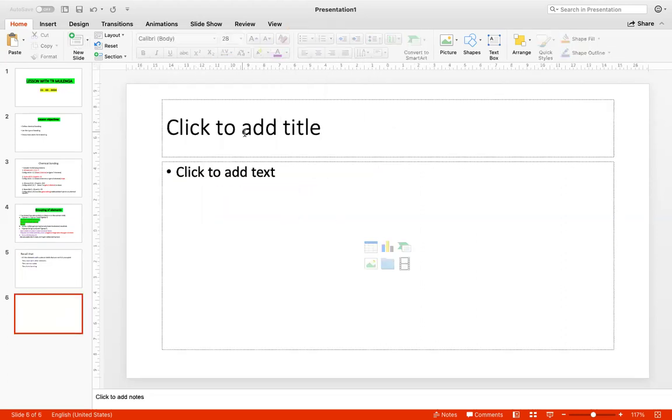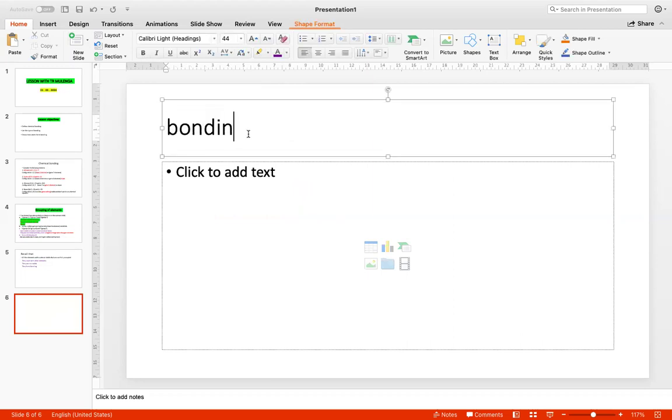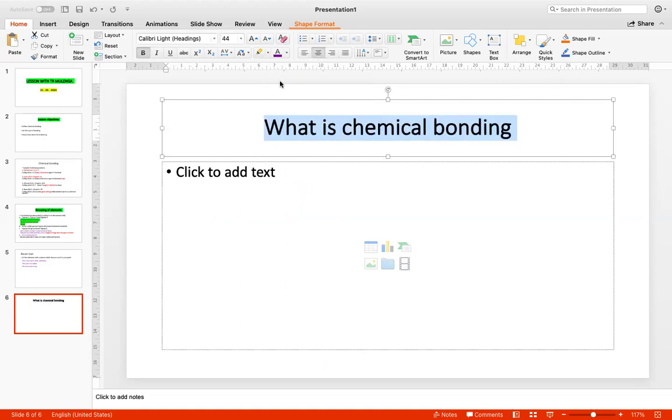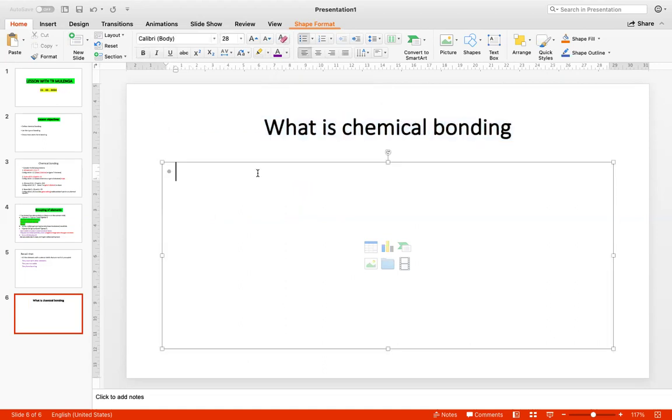So what would you say? What is bonding? What is chemical bonding? How would you define chemical bonding? In simpler terms, we can pause for a while and try to define it your own way.